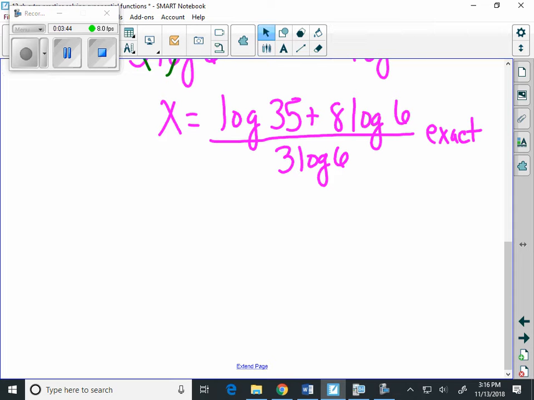And I'm going to use my fraction button, but again, if you don't have a fraction button, you need to be really careful with your parentheses.